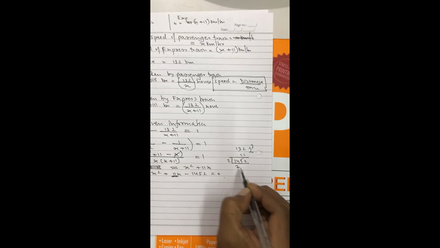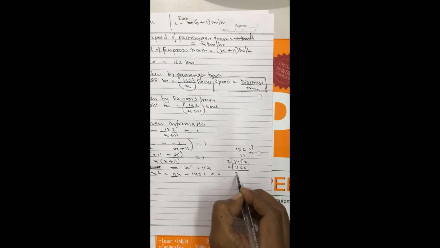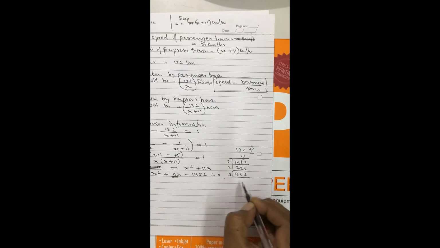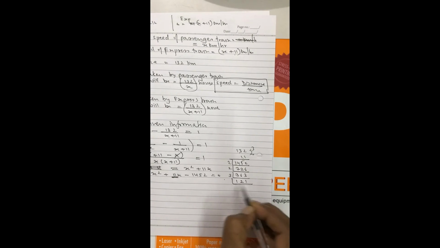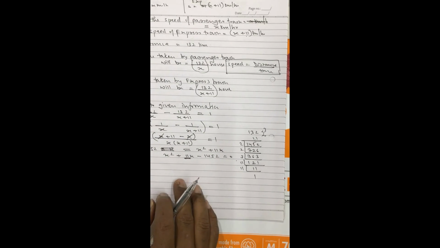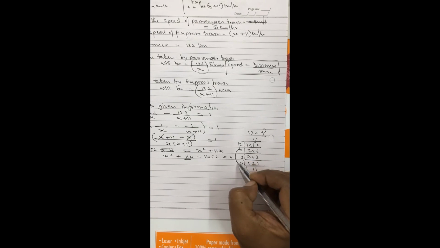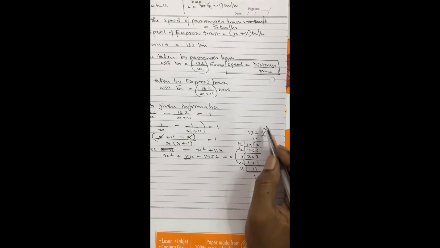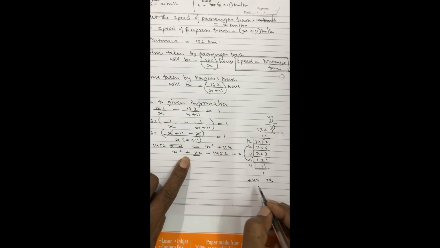Now I want factors of 1452, which are 44 and 33. Plus will go to the 44 and subtraction multiply minus 1452.